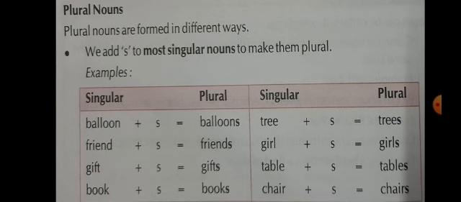The simplest way to make a singular noun plural is to add s after every singular noun. Like after balloon, we will add s and it will be balloons. Friend, friends. Gift, gifts. Book, books. Tree, trees. Girl, girls. Table, tables. Chair, chairs.